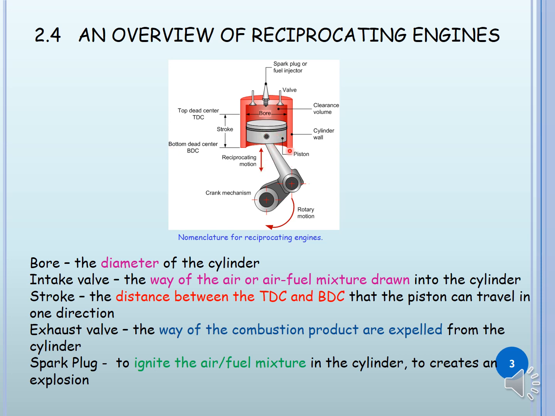We have piston, cylinder wall, spark plug or fuel injector, the valve, the rotary motion, and crank mechanisms. Normally, we don't use the term diameter of the cylinder. We use the nomenclature bore. Bore is actually the diameter of the cylinder.